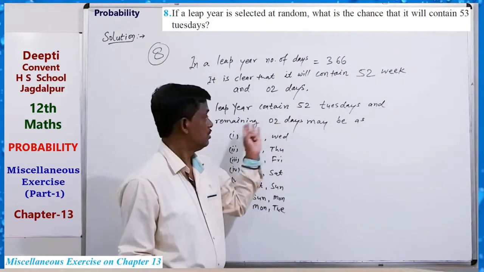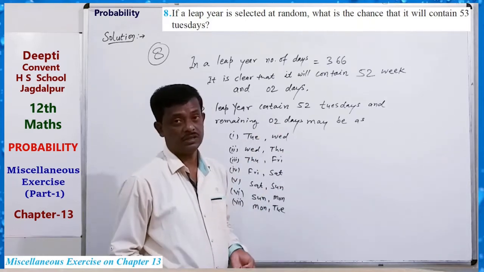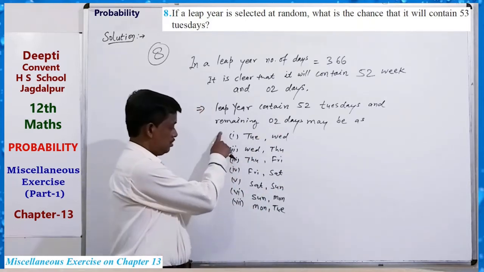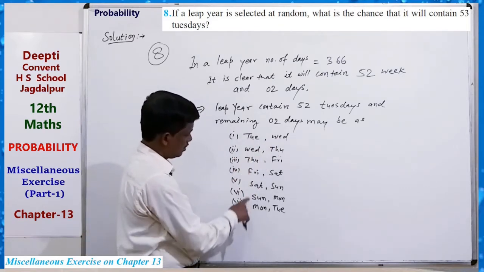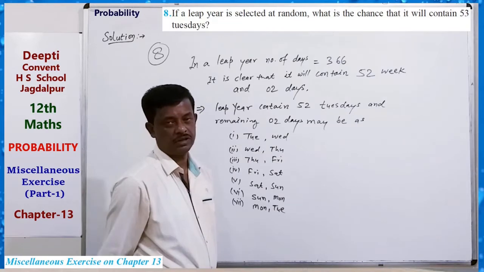Having 53 Tuesdays depends on these remaining 2 days. Tuesday in the combinations gives 2 possible cases.